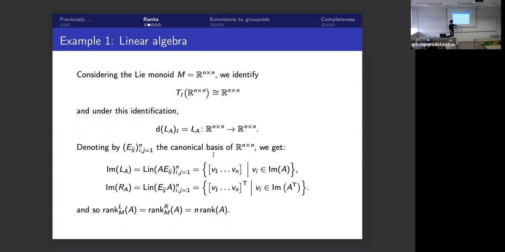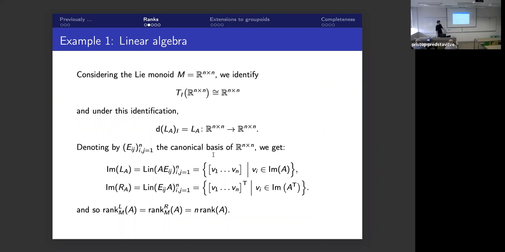We can identify the left multiplication by a matrix with its differential because this is a linear map, right? And so in order to ascertain what the left rank of any matrix would be, what we have to do is compute the image of this map and take a look at its dimension, right?